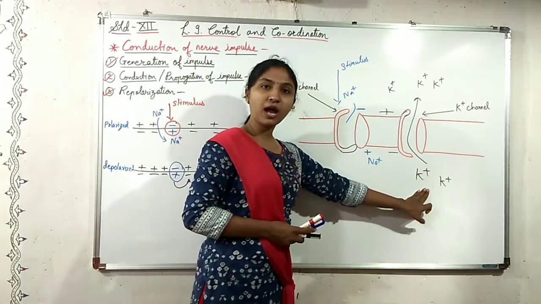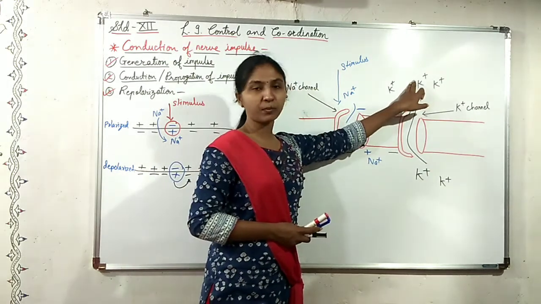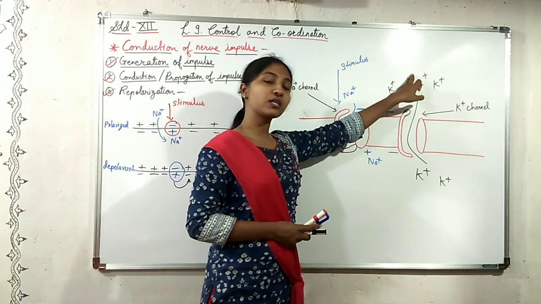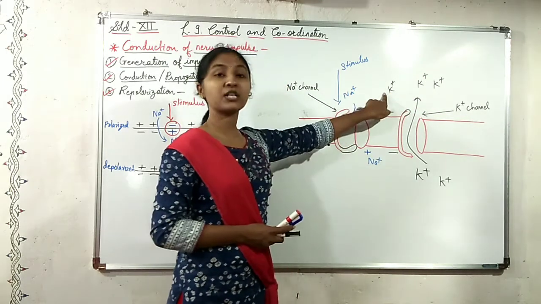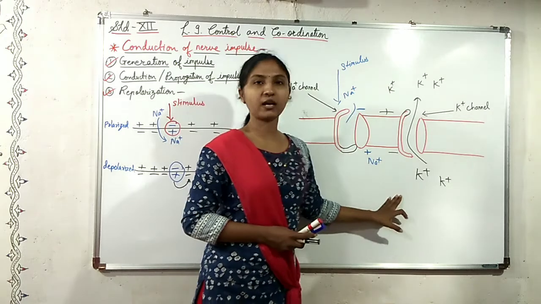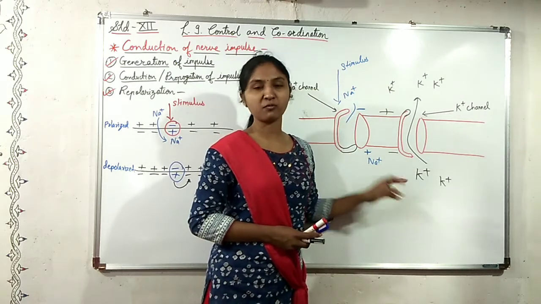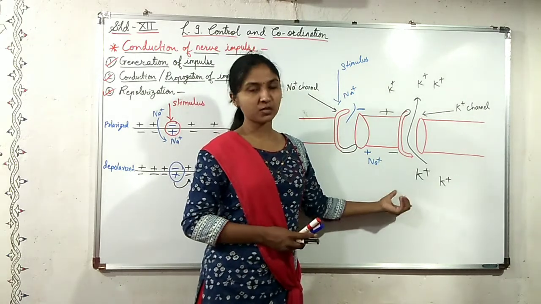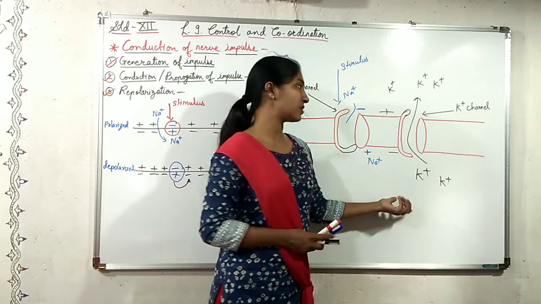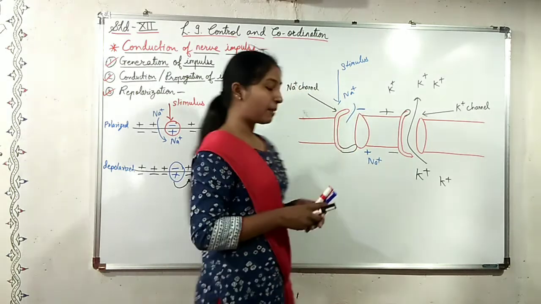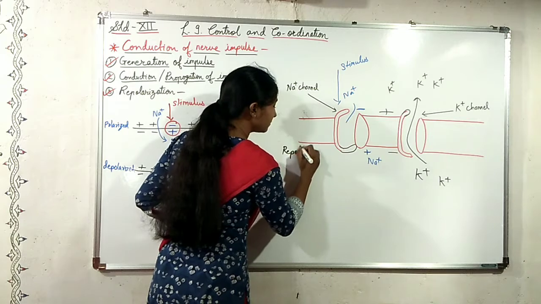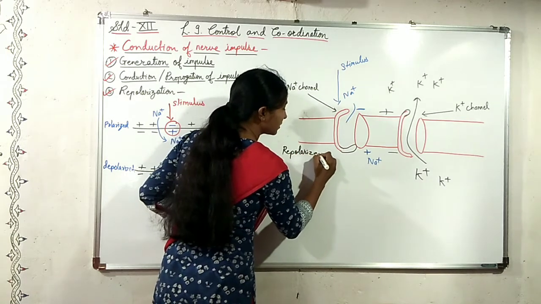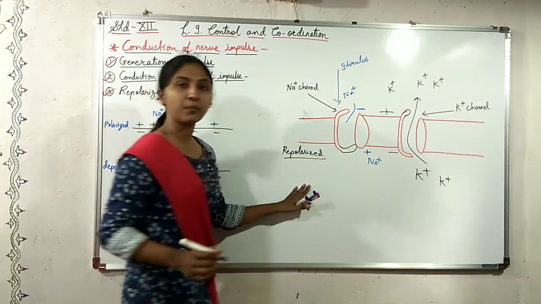As the potassium ions move out through the potassium channel gates, the outer side becomes electropositive because of potassium ions, and the inner side again becomes electronegative because of the negatively charged proteins present in the neuroplasm. Here we say that the membrane has been repolarized.